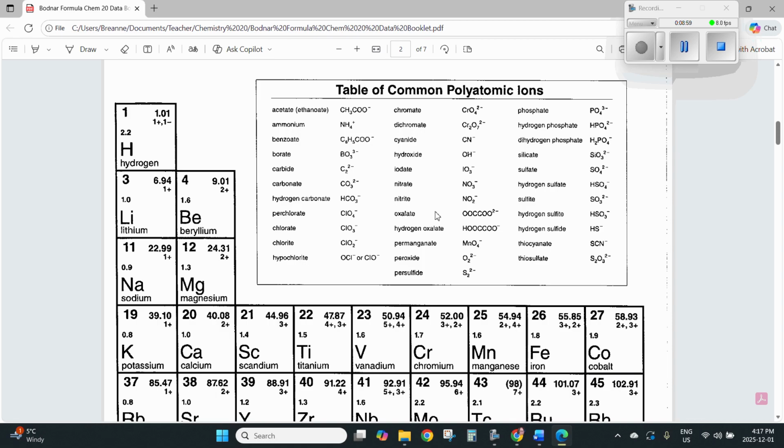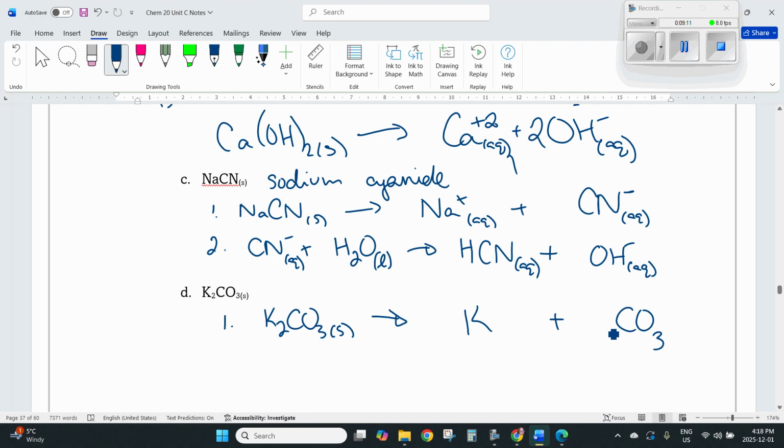There's none that has the K at the beginning, so it has to be the CO3 located here. There it is, carbonate. CO3 has a -2 charge, aqueous. Potassium is a +1 charge, also aqueous.